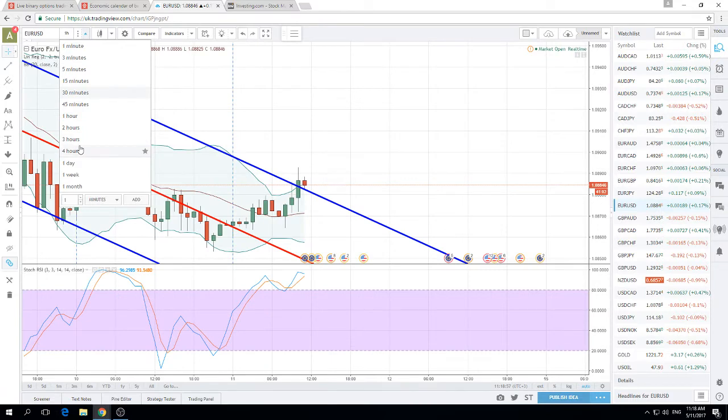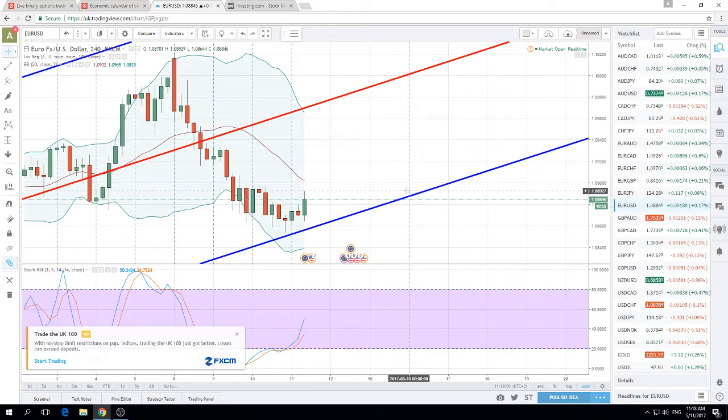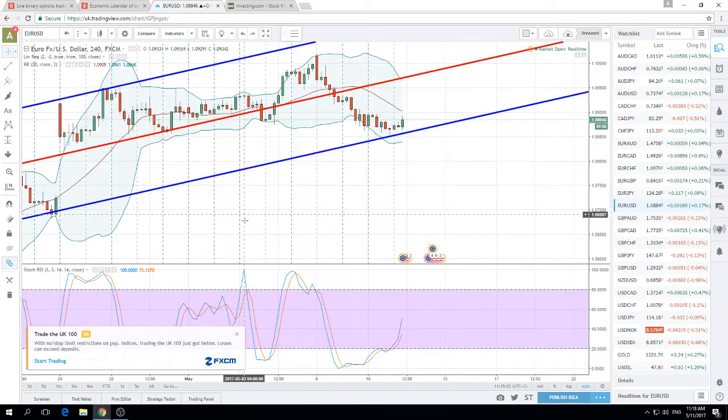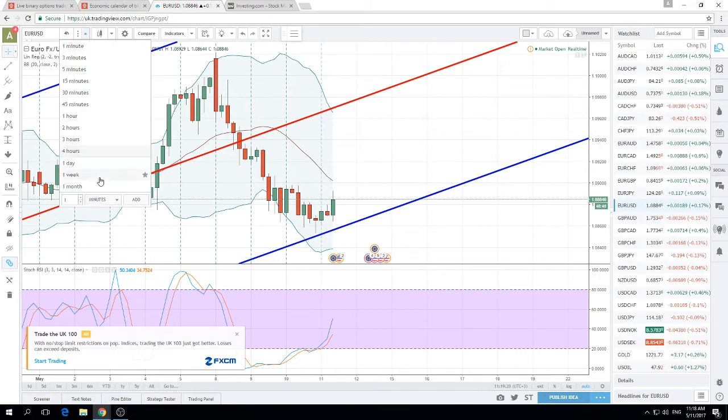Let's check 4 hours. Well, the 4 hours time frame is not that optimistic to the American dollar. So here is a high probability of the up movement within like 4 hours.